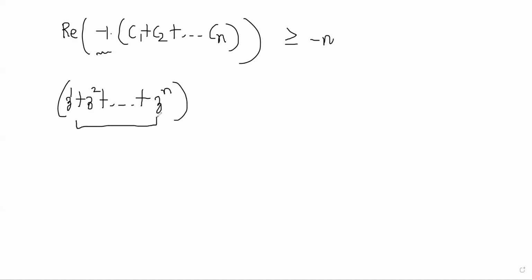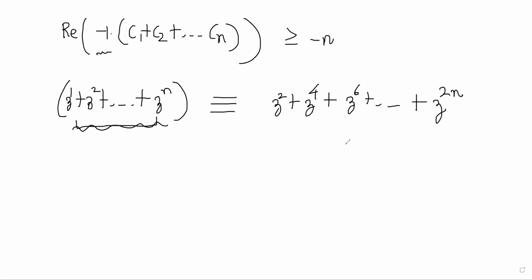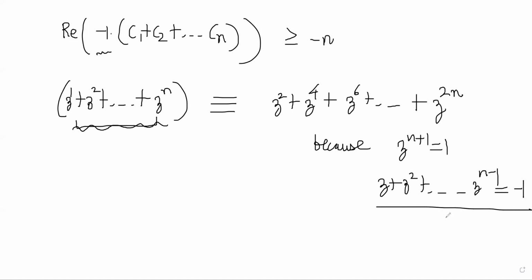That is what is coming common. You can prove that this is the same thing as other versions of it. So z square plus z power 4 plus z power 6 till z power 2n is also the same thing as this, because z power n plus 1 is 1 and z plus z square plus z power n minus 1 is equal to minus 1. Because of these two results, this will match this.